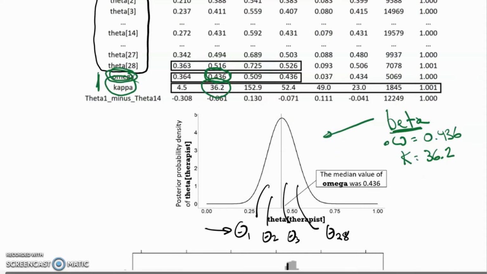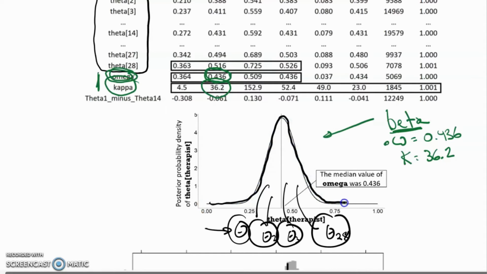But the point I would like to make is that if these values of theta arise from some beta distribution, then what's really important? I would argue what's really important is this value of omega. Because what is it?